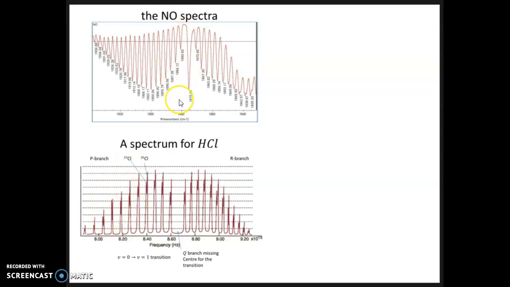For the NO spectra too, the R branch is at higher wave numbers because wave number is directly proportional to frequency, and then the P branch is at lower wave numbers.